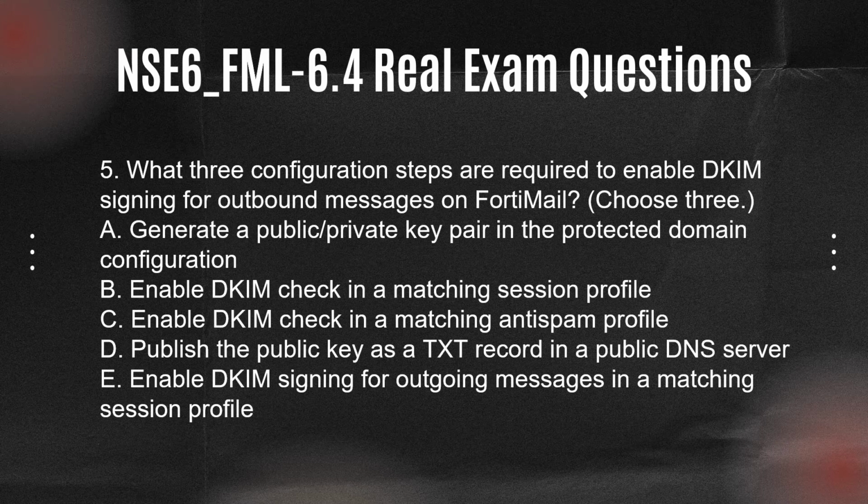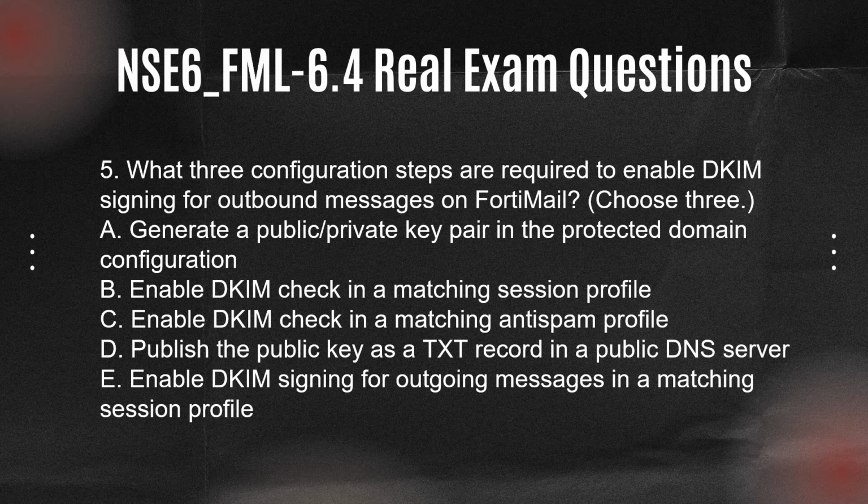5. What 3 configuration steps are required to enable DKIM signing for outbound messages on FortiMail? Choose 3. A. Generate a public-private key pair in the protected domain configuration. B. Enable DKIM check in a matching session profile.